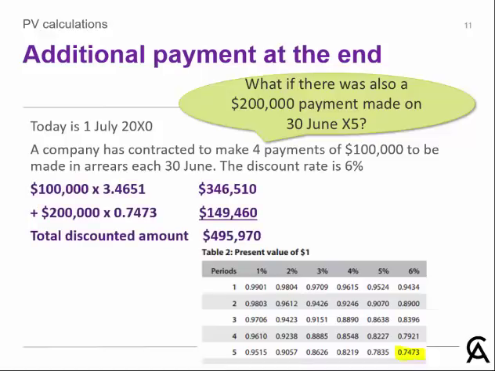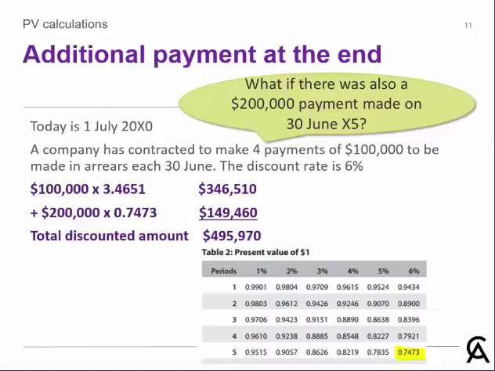So I can use my annuity factors again. There's my 346,510. Plus I've got a one-off payment, so I can't use my annuity factors for that because I've got my 4 lots of 100,000 that I've discounted in that first row, but there's a one-off amount I need to multiply by 0.7473. So the total discounted amount then is 495,970.